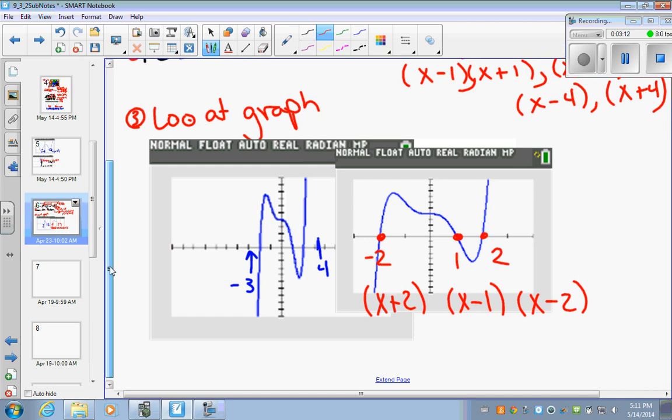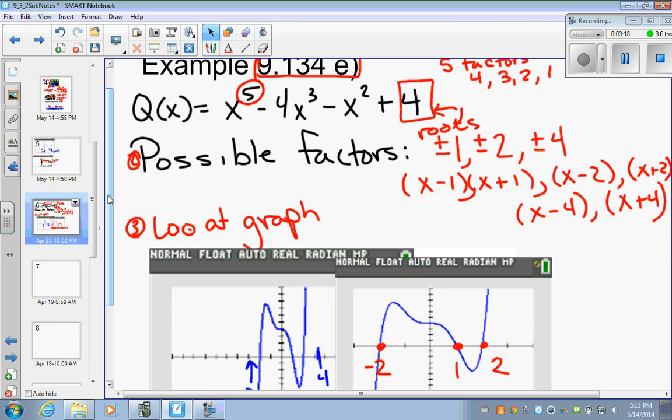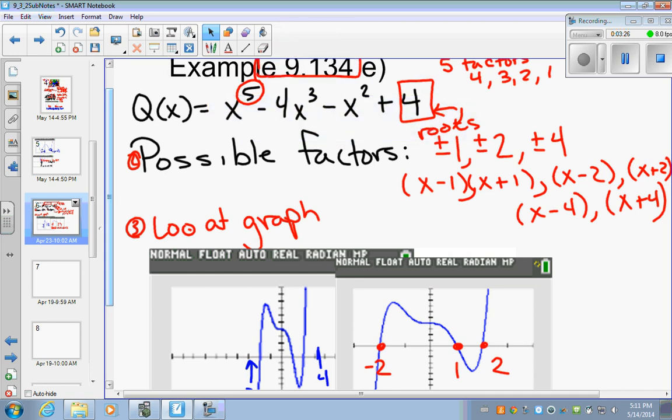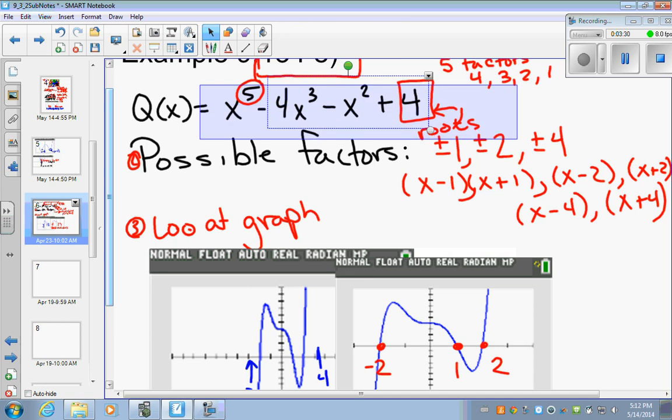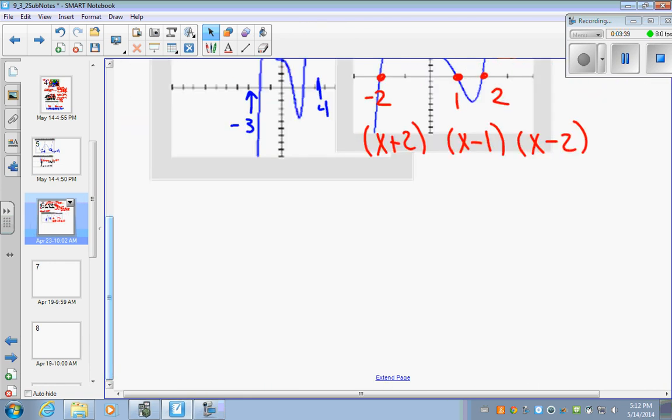Now I have to look at the original polynomial. X to the 5th minus 4x cubed. Oof. I wonder if there's any way I can just grab that whole thing and copy it down. Well, no. Maybe not. Oh well. X to the 5th, I'll copy that off separately.